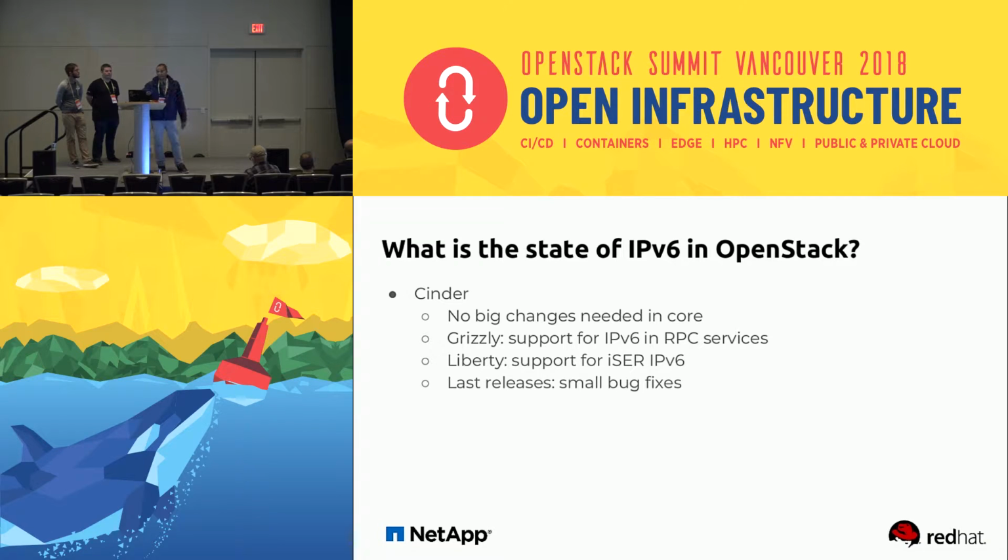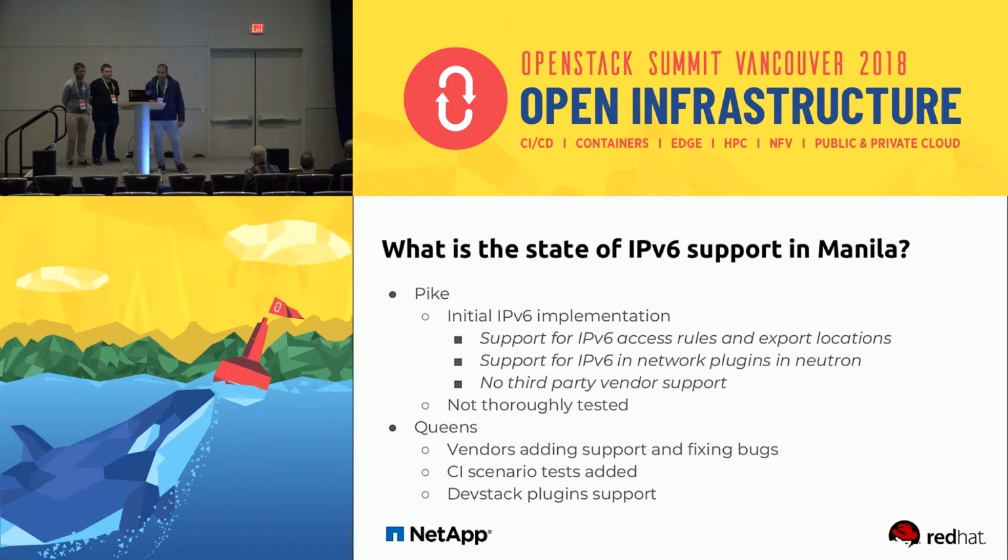So the same goes for Cinder. And what this presentation is about is that we are here to tell you that in Manila, we have been working on IPv6 support since the Pike release.